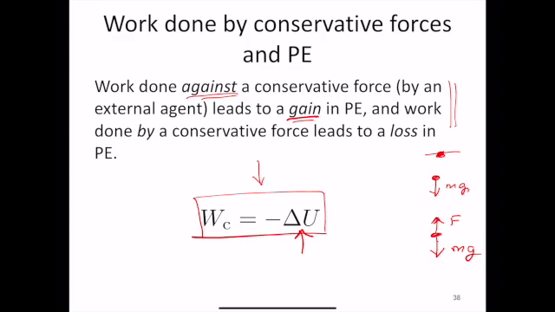So negative work done by the conservative force would lead to a gain of potential energy, and positive work done by the conservative force, that would be the case if you drop the object, would lead to a loss of potential energy. And these two statements are summarized by W_C is equal to minus delta U.